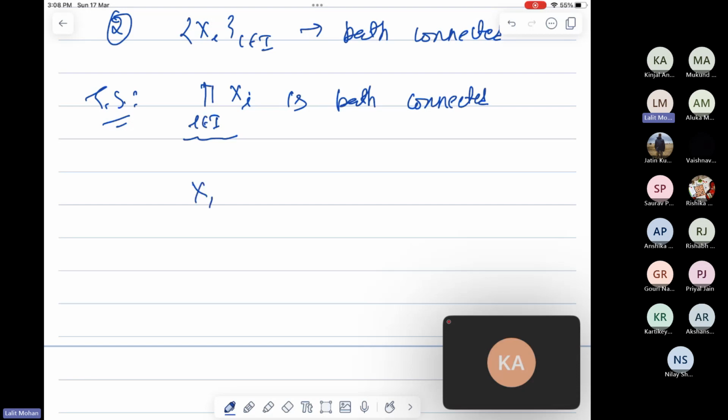If you are able to prove that X1 cross X2 is path connected, then you are able to prove this product. You have to just change the indices. So even if you are able to do it for finite, I am doing it for finite just for your understanding. The same proof will work for any product. You have to just change your index from finite to this index.